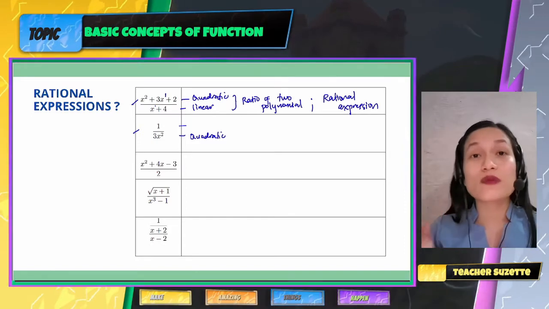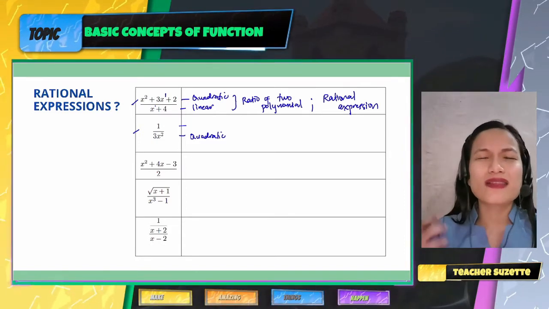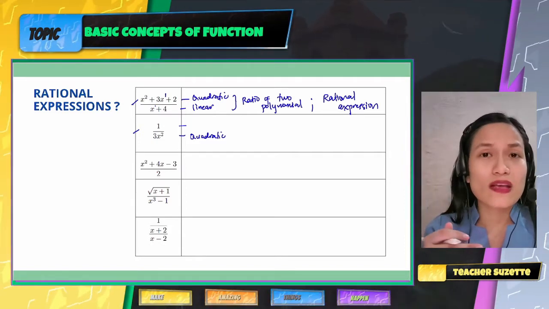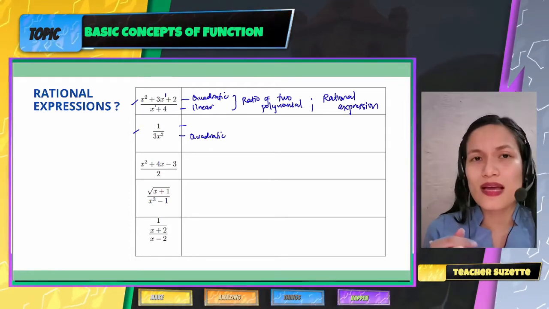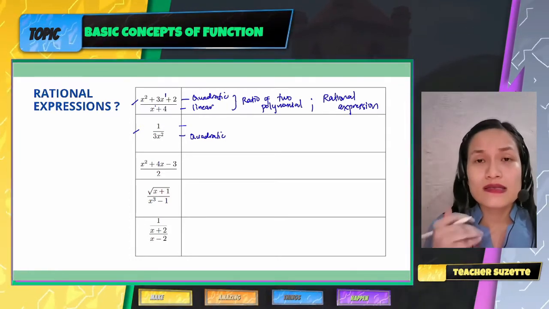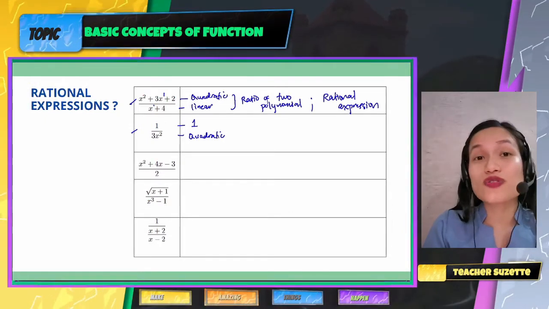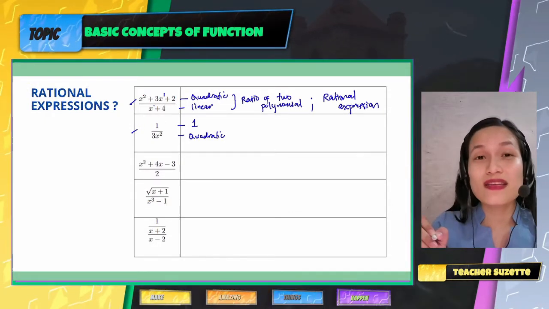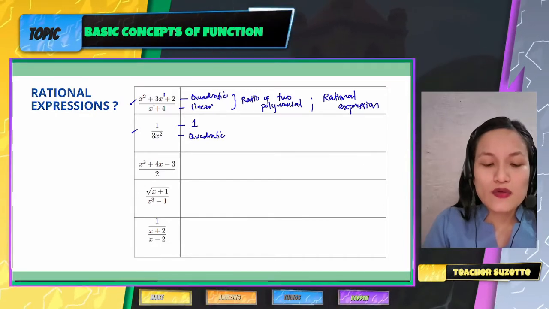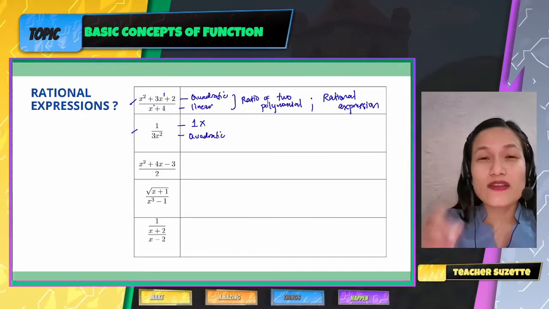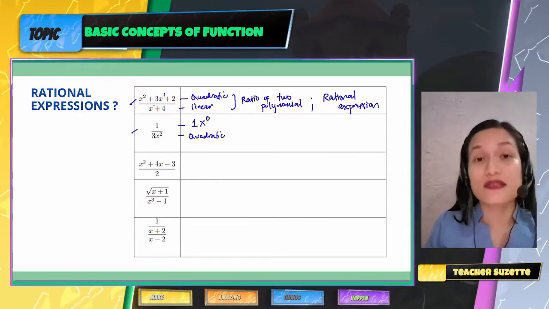Ngayon, meron tayong numerator which is 1. So, you might wonder, ma'am, 1 po yung numerator, so hindi po ba siya polynomial? Yes pa rin po, it is still a polynomial. Kasi kapag po meron tayong constant term, ang kanya pong exponent nung kanyang variable actually is naka-raise to 0.